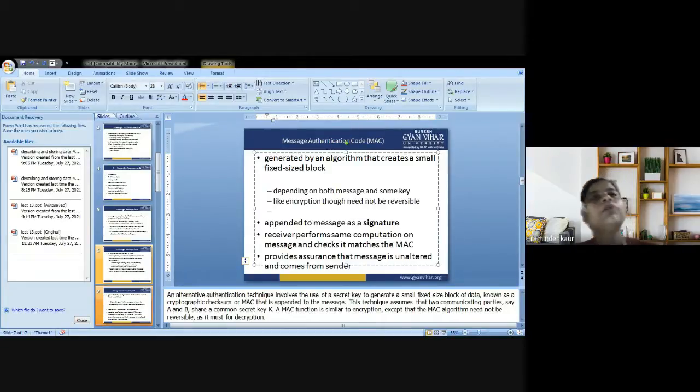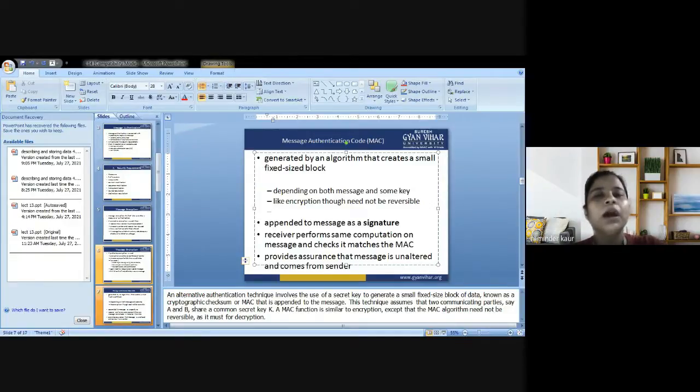So in order to understand the concept of MAC, we are supposed to distinguish easily between MAC and hashing, and MAC and digital signature. Only then will we be able to know the importance of MAC. Because if we know the difference between the things that we are going to use and what is the best technique, only then can we measure the importance of the same.